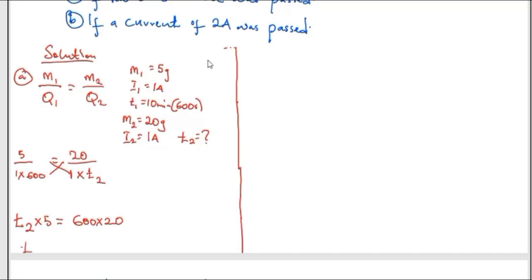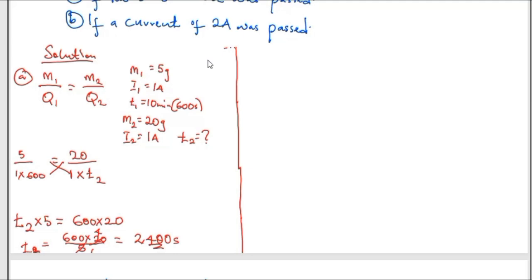Then T2 is equal to 600 times 20 divided by 5. So 5 here 1, 5 here 4. So 4 times 600 is what? That will lead us with 2,400 seconds. So this is our answer.